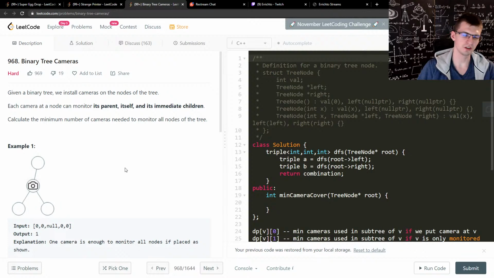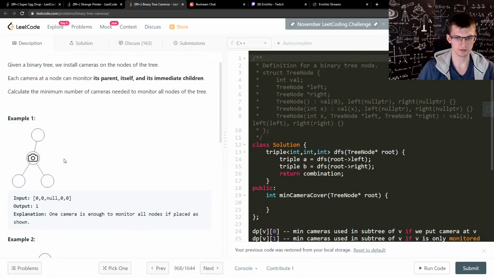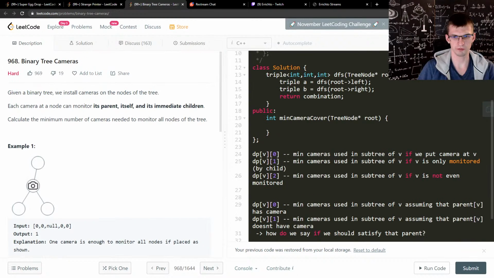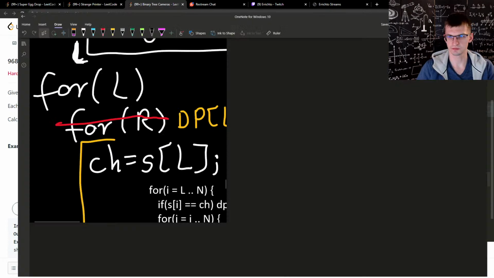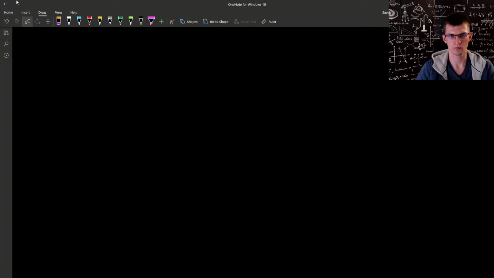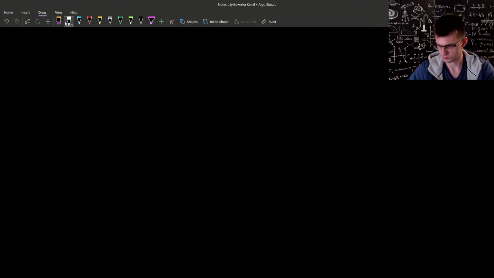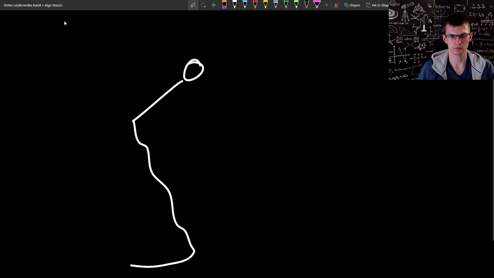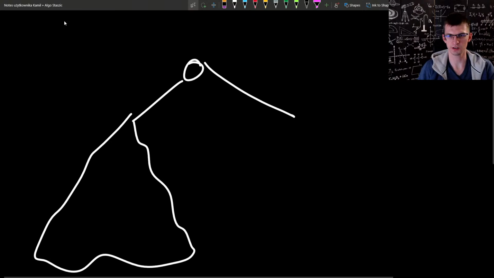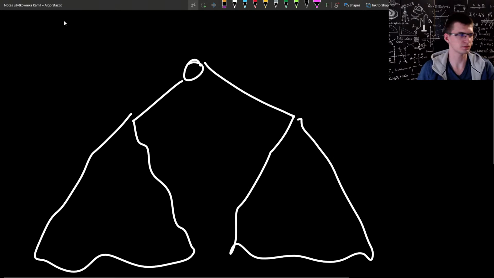And a week ago we talked a little bit about some DP here, where we figured that DP on a tree is about returning some information about the subtree. And once we put cameras in a subtree, this is the subtree of a left child, subtree of a right child.